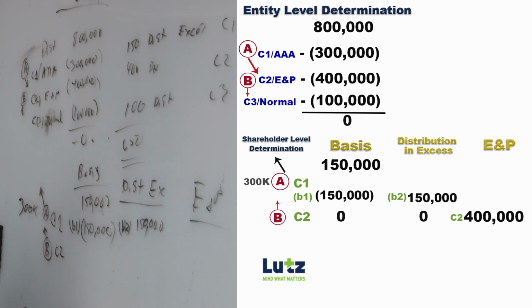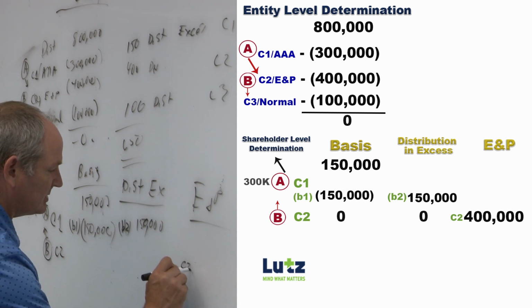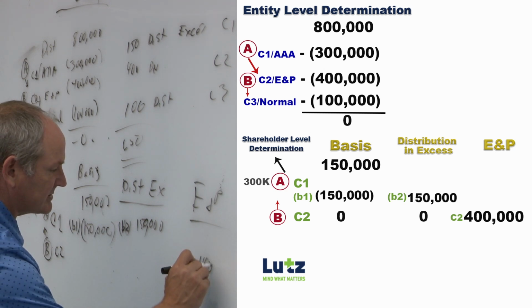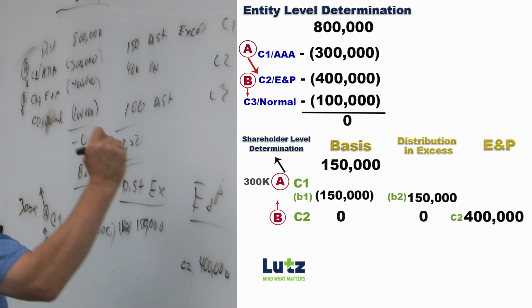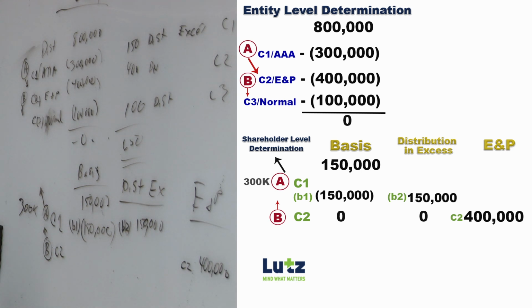C2, I have a $400,000 dividend. Isn't that my number? C2 affects basis not at all. It affects distribution in excess not at all. It affects CE&P / dividend.